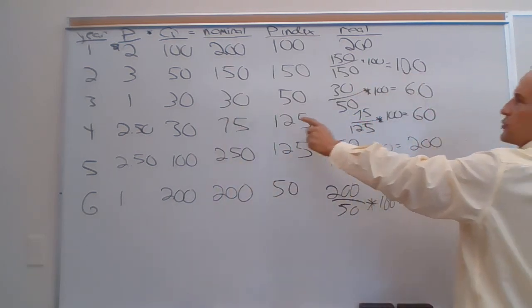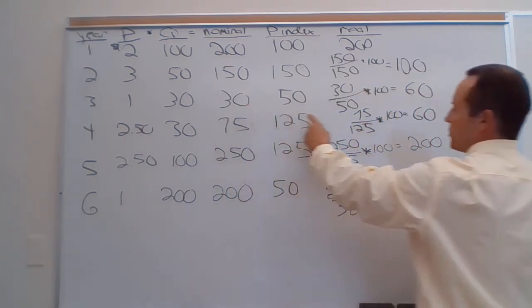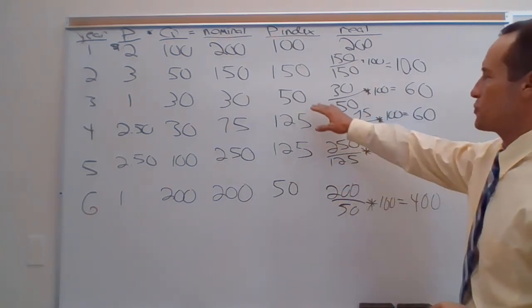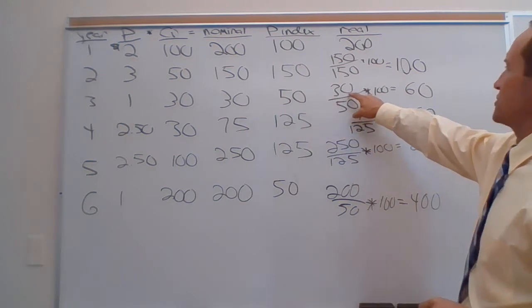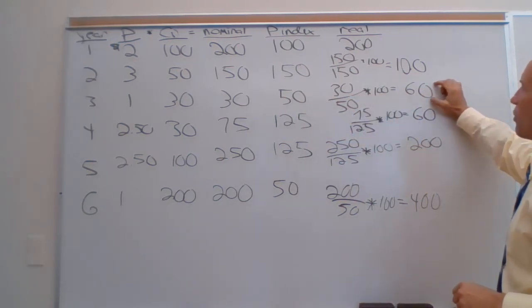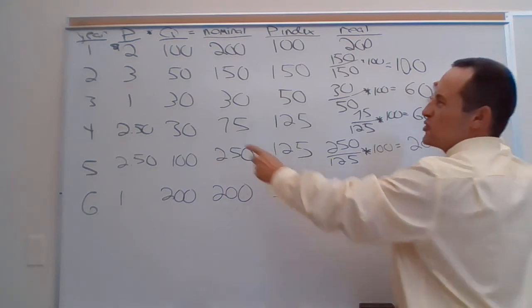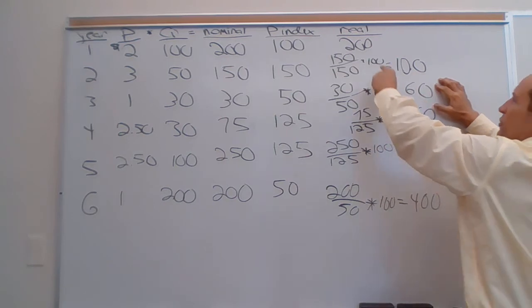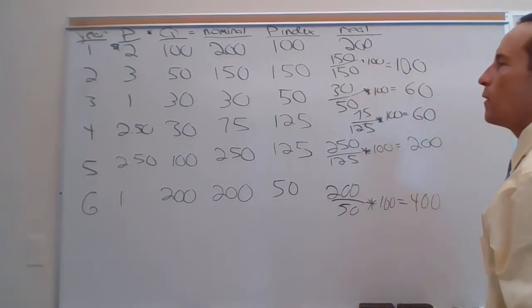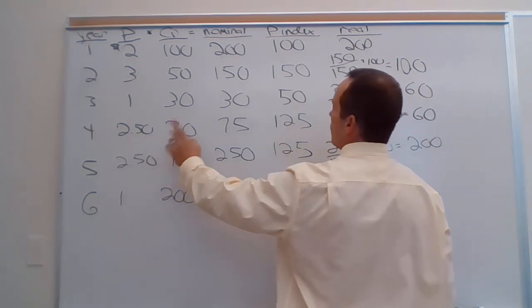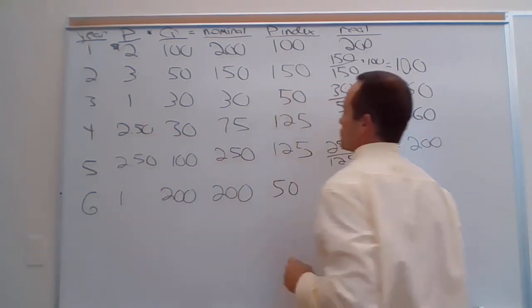So what we're doing here is we're taking these $30 in nominal sales, we're dividing them by 50 and then multiplying it by 100. Since prices were half as much, we're in essence going to double this. So now we have 60, and that is more reflective. So year 3 was just under a third of sales of year 1, and 60 is just under a third of 200.